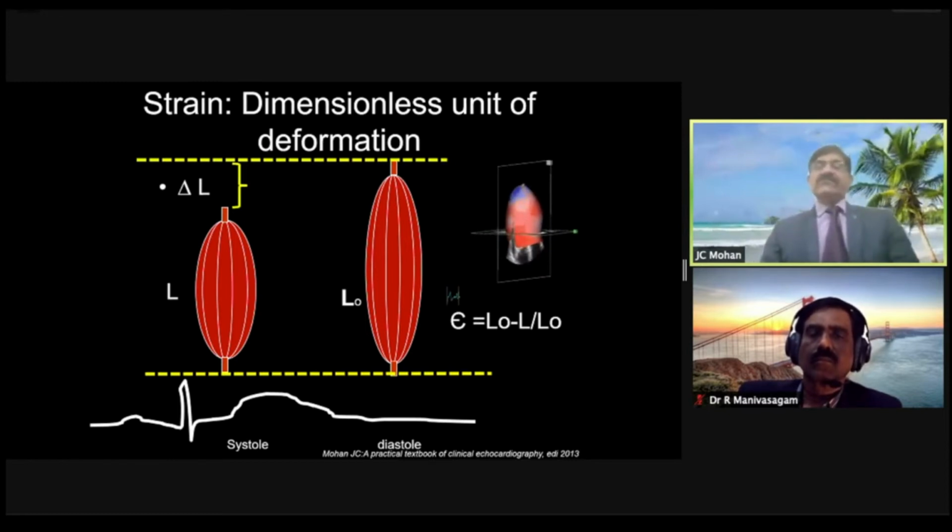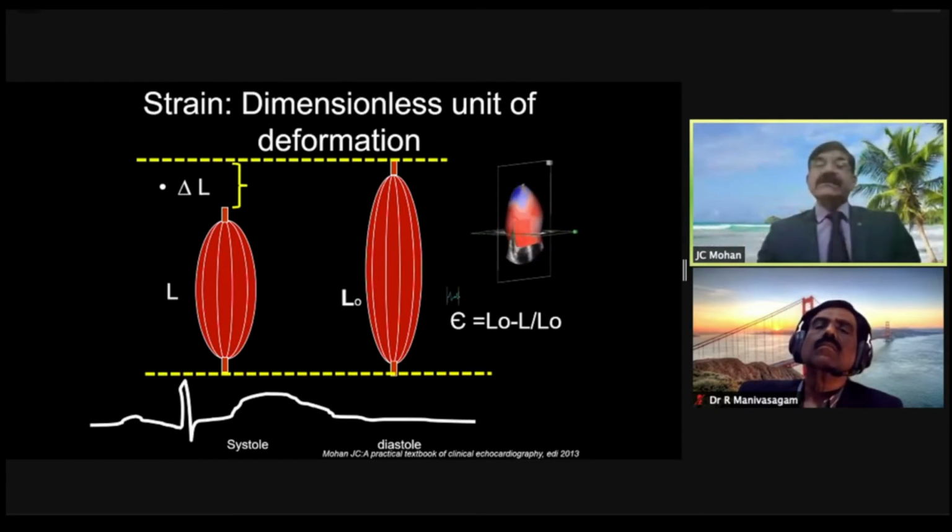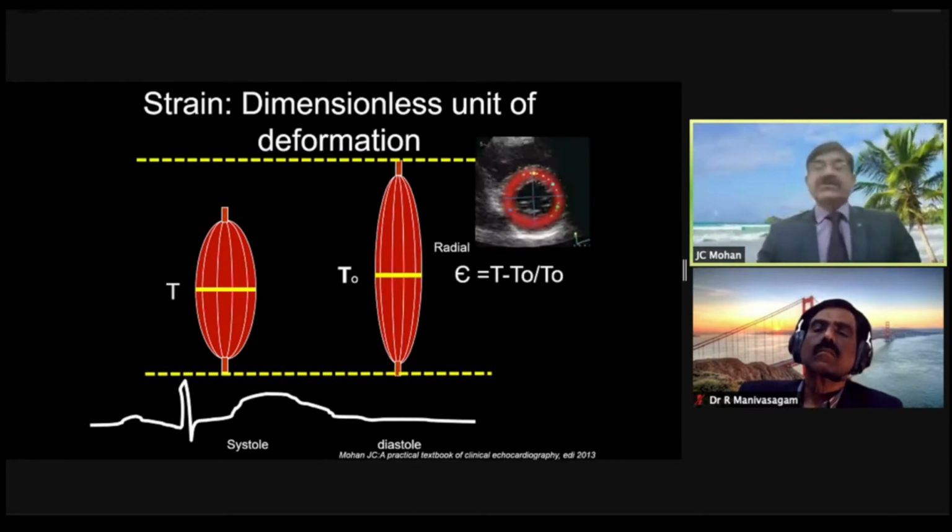In other words, from diastole to systole it shortens. The shortened amount is delta L. Delta L divided by original length is the strain. And since it is shortening, it is a negative figure, and hence you will describe it as a dimensionless index with a negative sign when we talk of longitudinal strain.